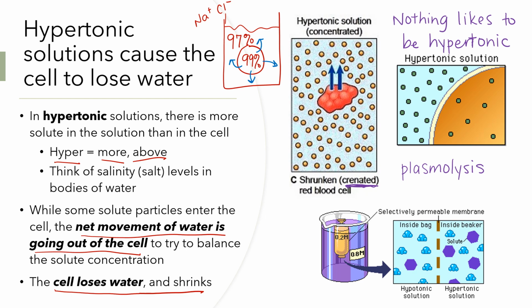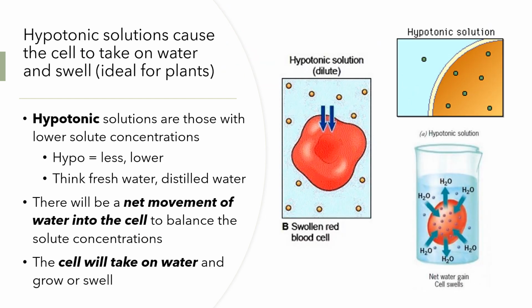The other solution is what we call a hypotonic solution. This is one where there's a lower concentration of solutes or dissolved materials outside of the cell than inside of the cell. So let's draw my handy dandy little beaker and cell here again.